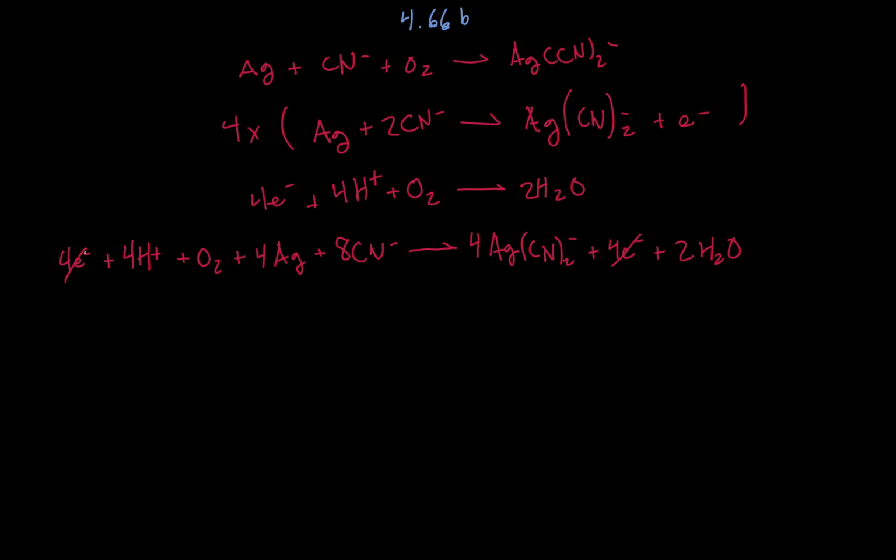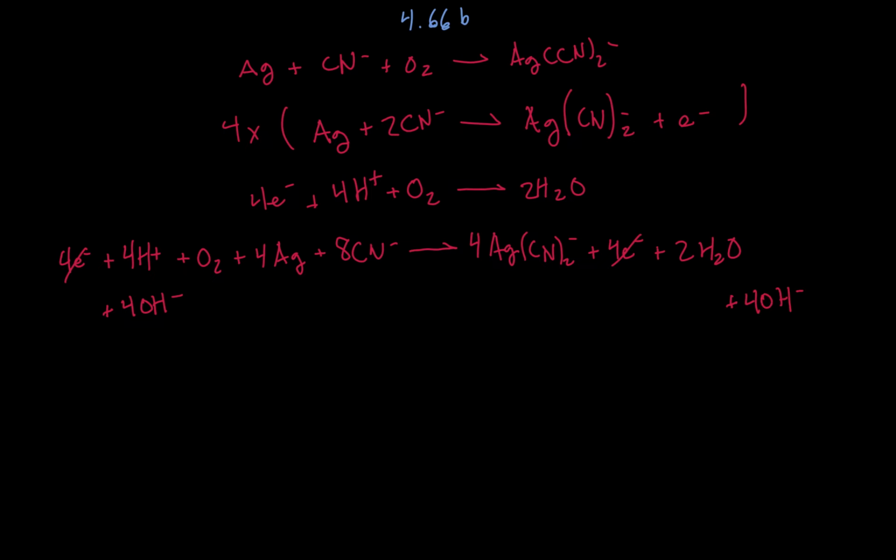Electrons canceled. Next thing we got to do, because if this was an acidic question, then we'd be done, right? Because this is basic, we need to add hydroxides enough that we cancel out all the protons that we have, which means that we need to add 4 hydroxides to each side. So we're going to add 4 over here as well.